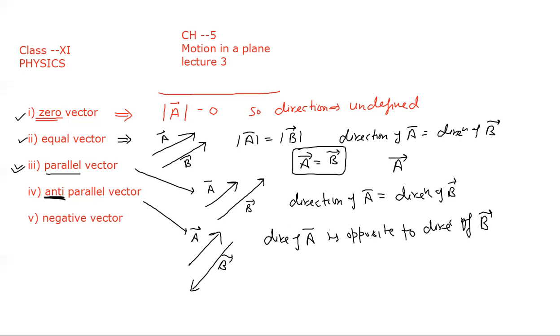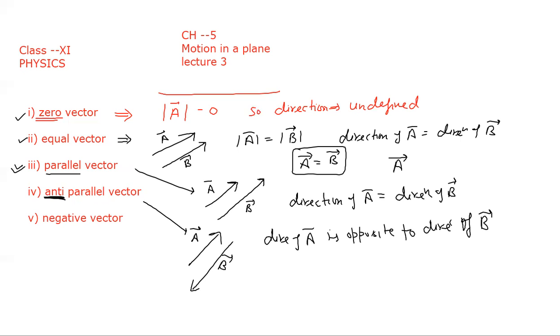In anti-parallel vectors, vector A is opposite to vector B.